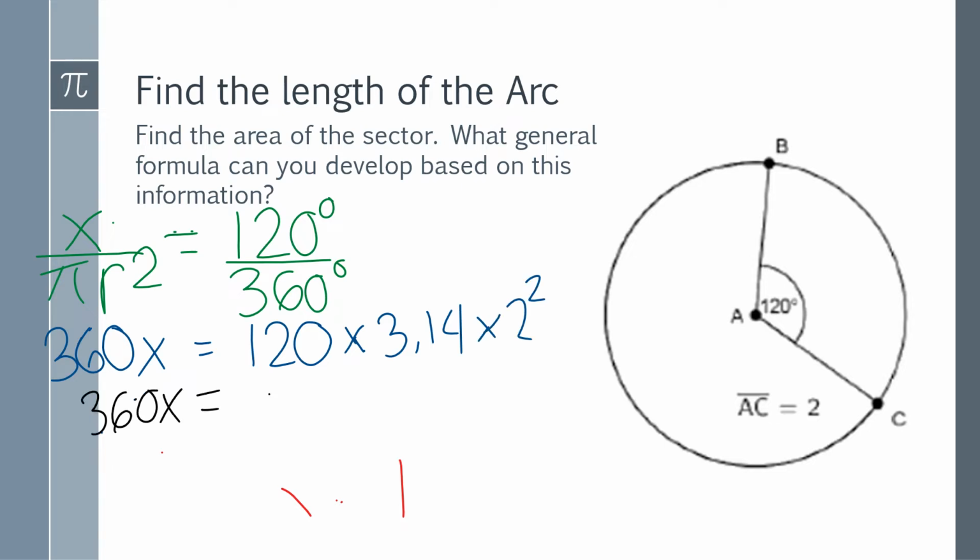All right. So let me slow down here. So all I did here is just took this information, this 120 times 3/4 times 2 squared. I just multiply all of that. And then 360x equals that guy. So now I have to divide it out, both sides by 360.